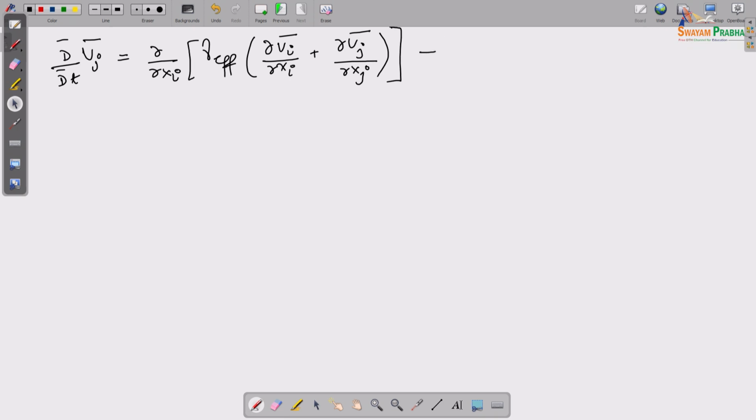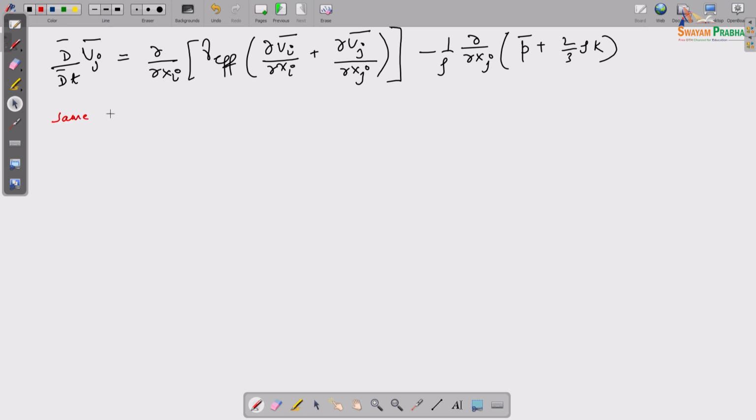So essentially this is the same as the Navier-Stokes equation. Let me write that down.